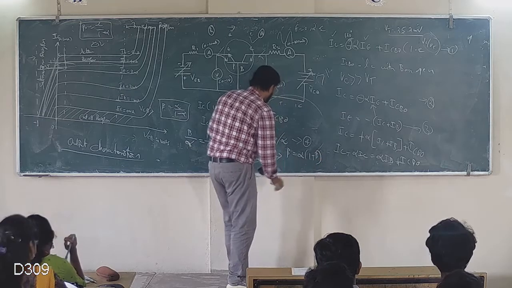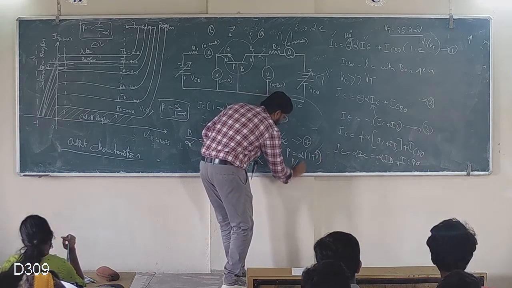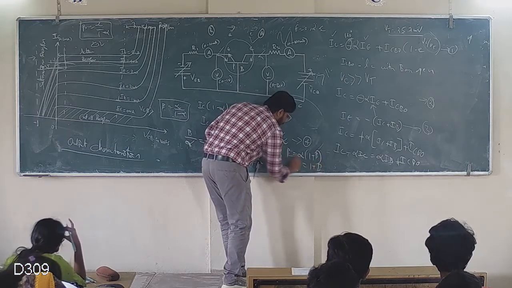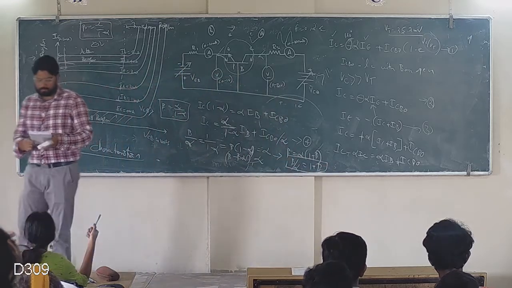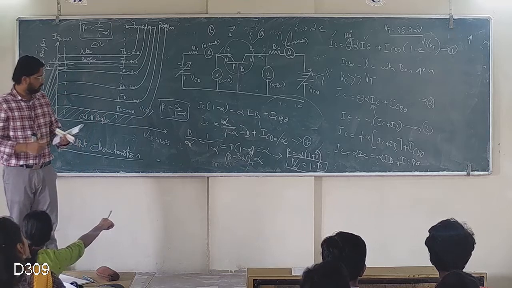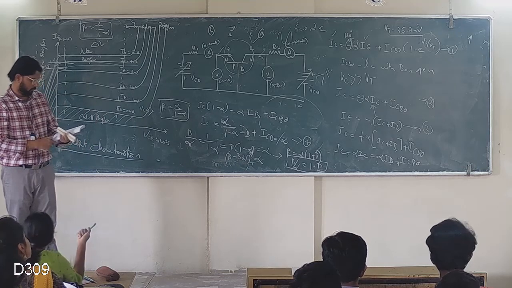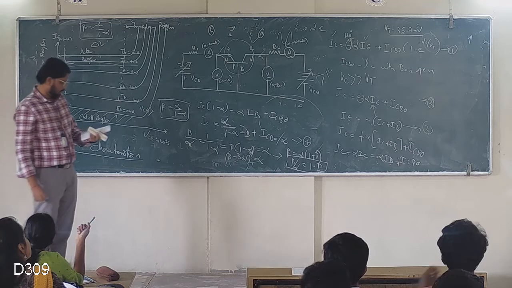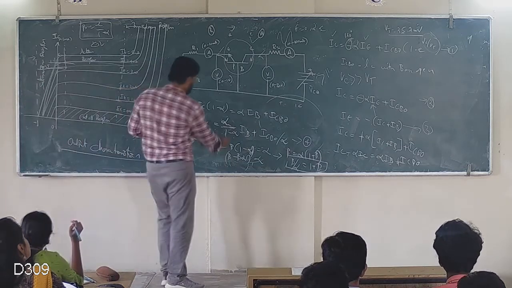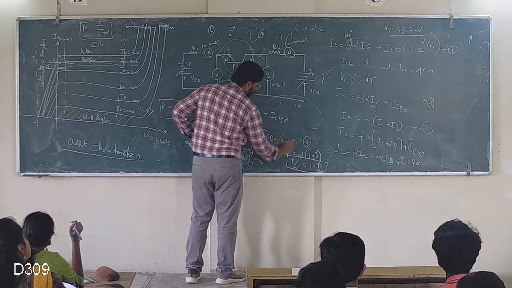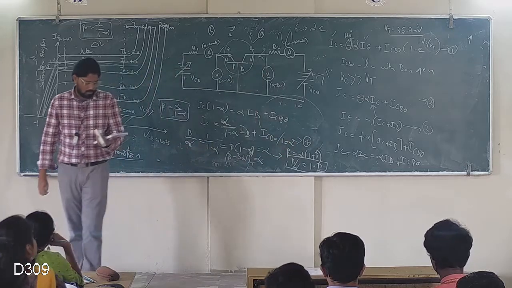So beta divided by alpha is equal to 1 plus beta. I'm sorry, 1 minus alpha. Right?